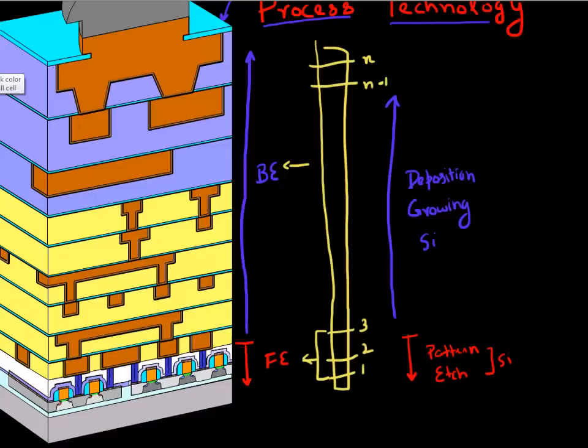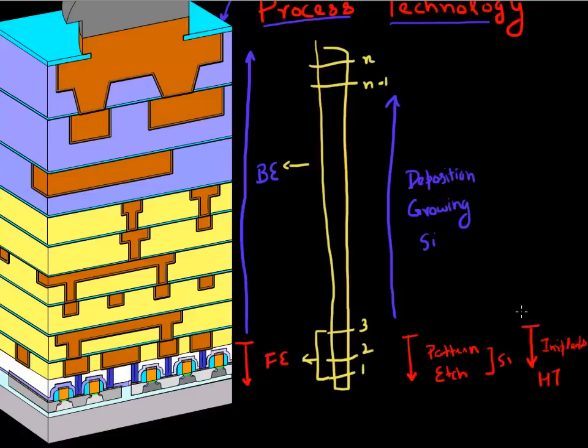Another way to classify them is based on thermal budget. Most of your high temperature processes, such as activating your implants, are done in the front end process steps. So these are the process steps where you can operate at high temperature.